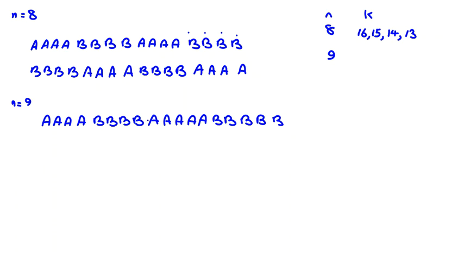Because look, when we apply it once, it will be 5 B's, then 4 A's, then 4 B's, and 5 B's. Let's check 4 A's, 4 B's, and 5 A's, 1, 2, 3, 4, 5.